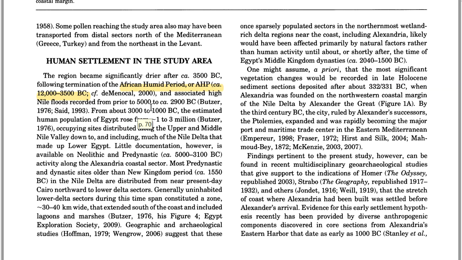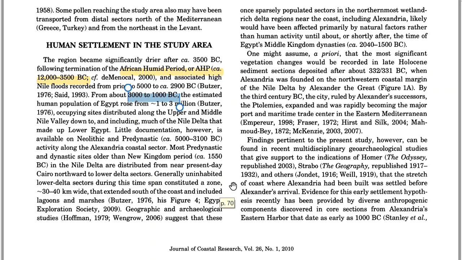And then after that, it becomes drier. So during this period, you've got high Nile floods. And then, as you can tell from the article, I hope I don't screw this up. Between 3000 and 1000 BC, there's a huge increase in the population of Egyptians during, just after this.